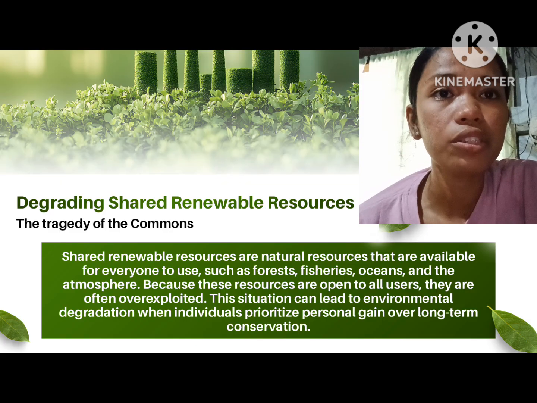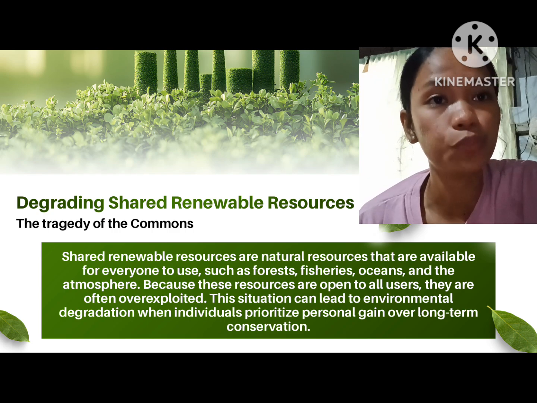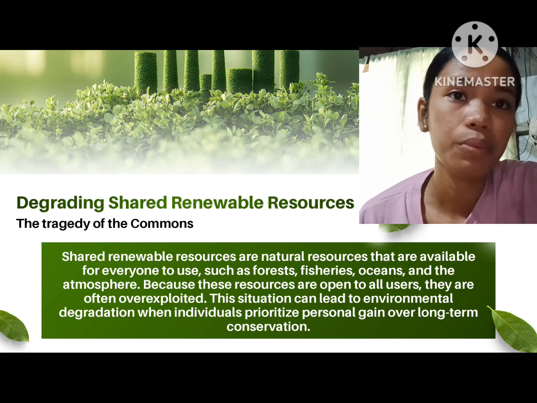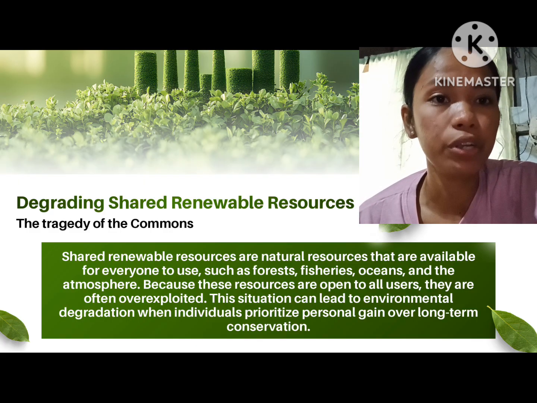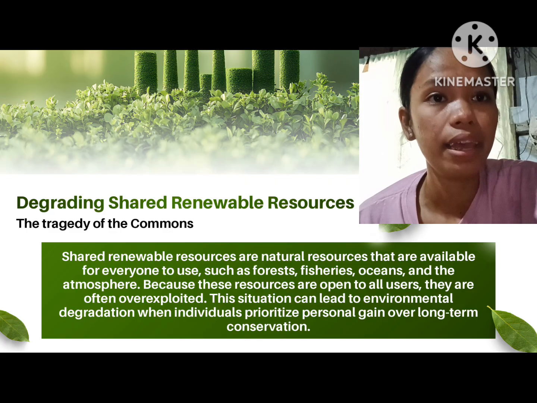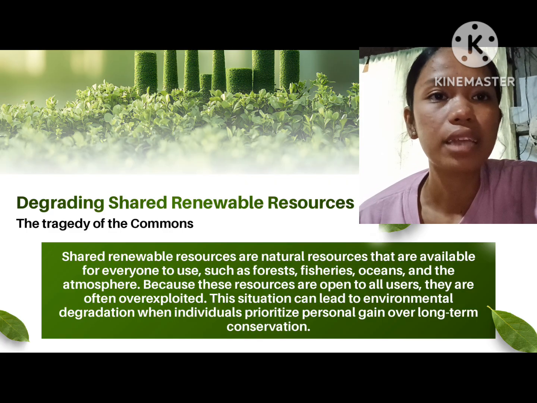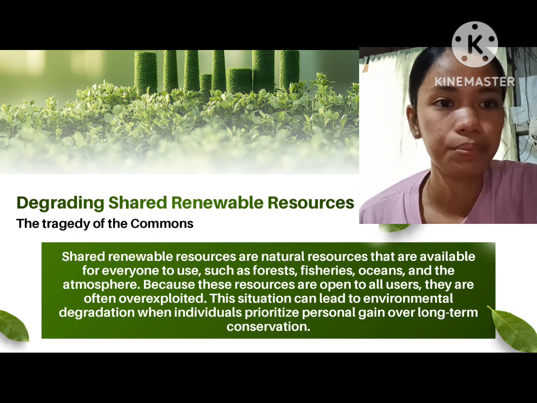Shared resources like forests, fisheries, oceans, and the atmosphere are available for everyone to use. However, because many people use them without proper control, these resources are often overexploited and damaged. This happens when people focus more on personal gain instead of long term conservation.